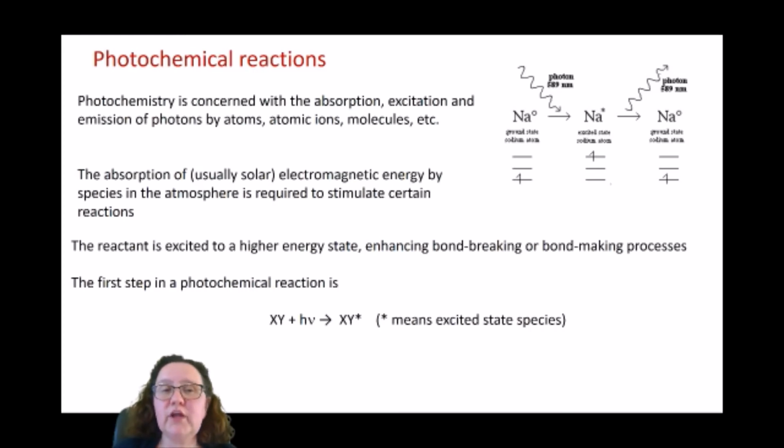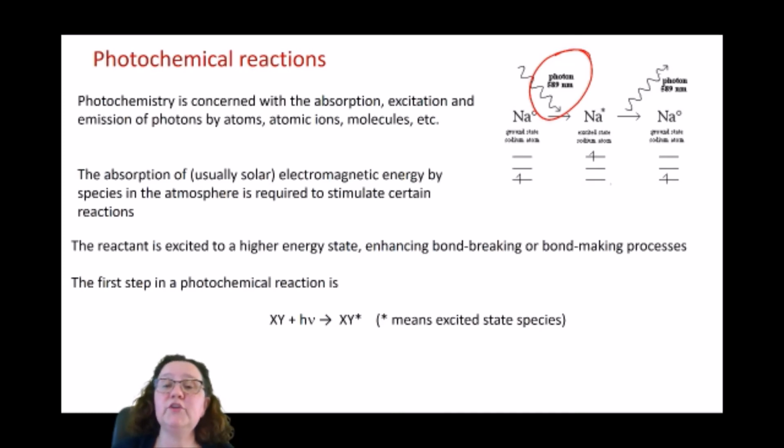And that's what photochemistry is. The first step in any photochemical process is the absorption of electromagnetic radiation, the solar radiation, of a particular wavelength appropriate for that particular element.